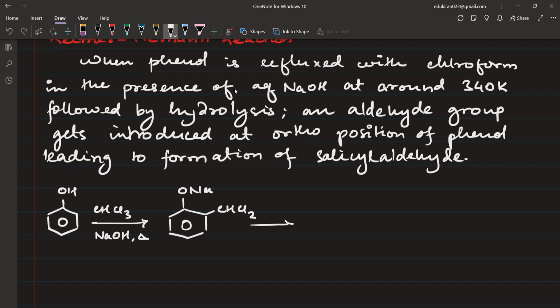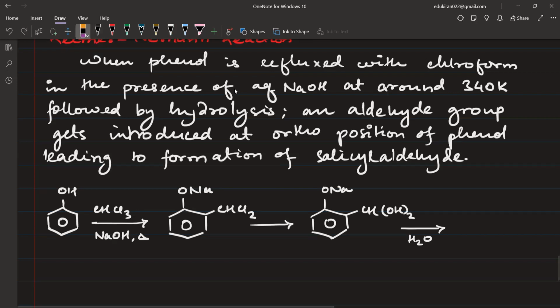Then further, a reaction happens, and since we have many OH groups here, this ONa stays as ONa, and this Cl2 gets replaced by OH twice. We have CH as it is, and we get OH twice like this. Then on further hydrolysis, what is going to happen?